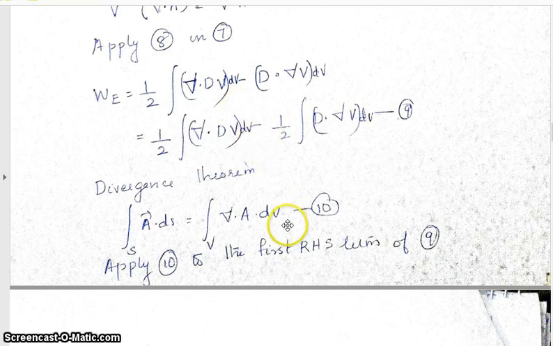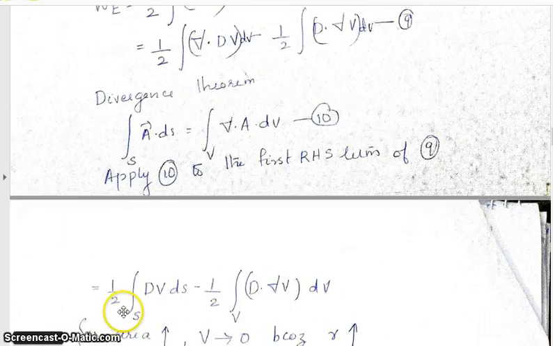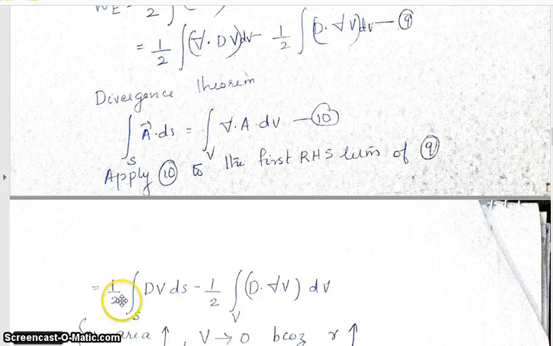In equation 10 I have A; here in place of A I have DV.